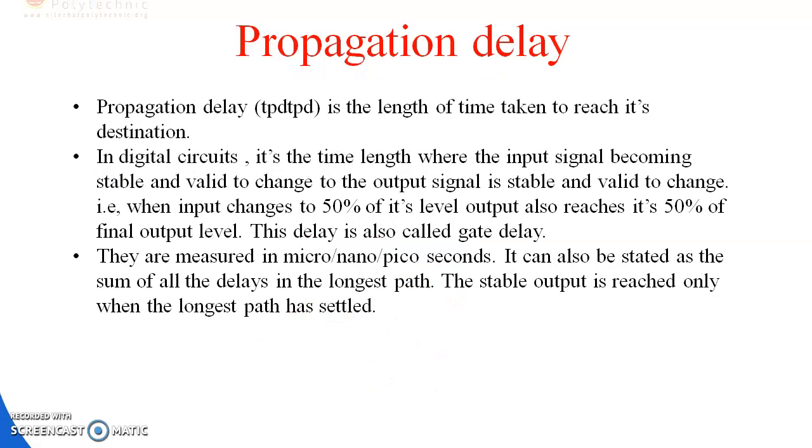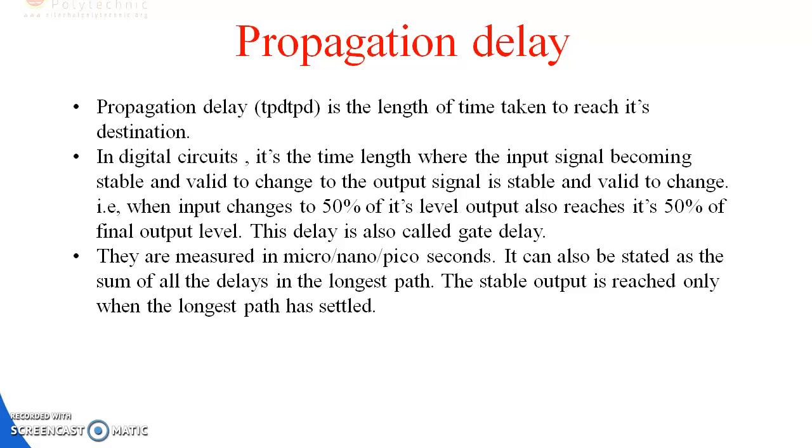So, another characteristic is voltage and current parameters. There are 8 types of voltage and current parameters. One is VIH, the minimum high input voltage. Then VOH, the minimum high output voltage.